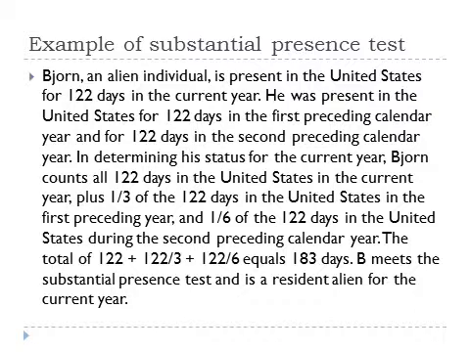In determining his status for the current year, Bjorn counts all 122 days in the United States in the current year, plus 1/3 of the 122 days in the first preceding year, and 1/6 of the 122 days in the second preceding calendar year. The total of 122 plus 122 divided by 3 plus 122 divided by 6 equals exactly 183 days. Therefore, Bjorn meets the substantial presence test and is a resident alien for the current year.